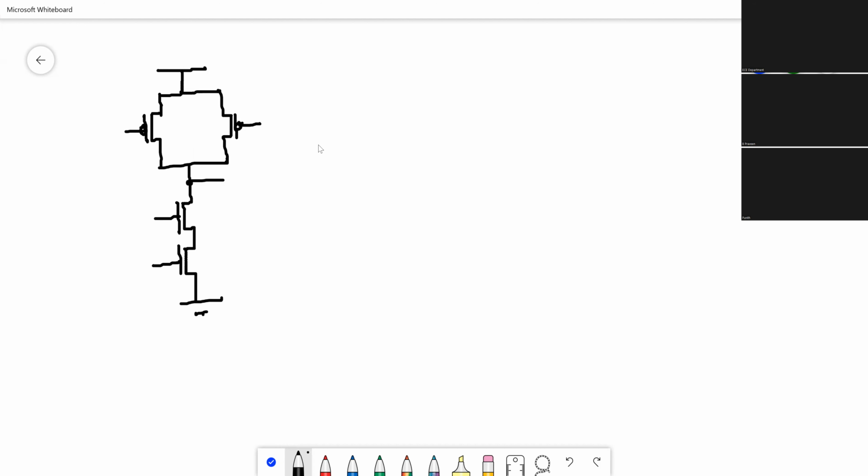So this time let us do a high skew, which means that whatever sizes we put for the original NAND gate, those have to be the same, that is 2 and 2.